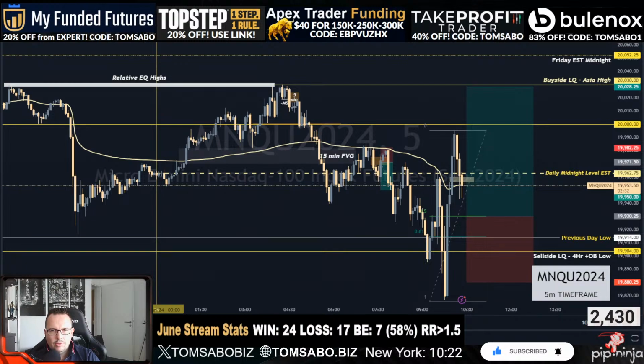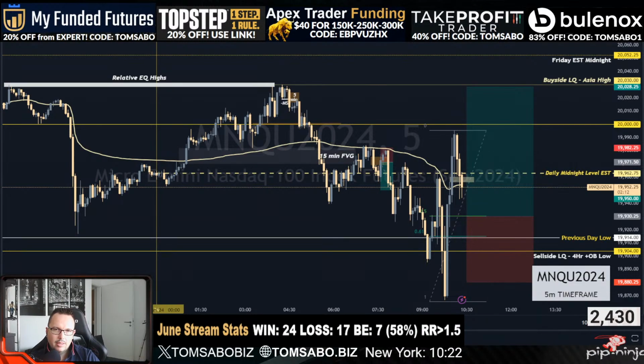Still watching gold. Slightly above break even right now. Still waiting for those levels up there on gold. Looking for the market to return to the 1 hour gap or the 4 hour consequent encroachment or mid-level.